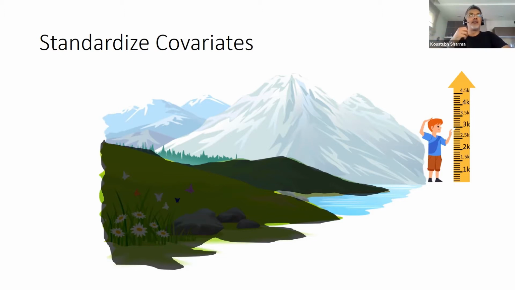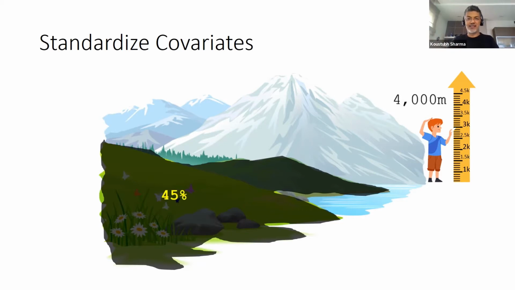Even if you have a reasonable relationship come out, you will never be able to compare the responses of your occupancy or detection as a function of these two very highly variable ranges of your covariates. That will become very difficult. If you have to compare them, you have to standardize them so that they all become in a comparable range. Otherwise, it remains uninformative. How do you do that?